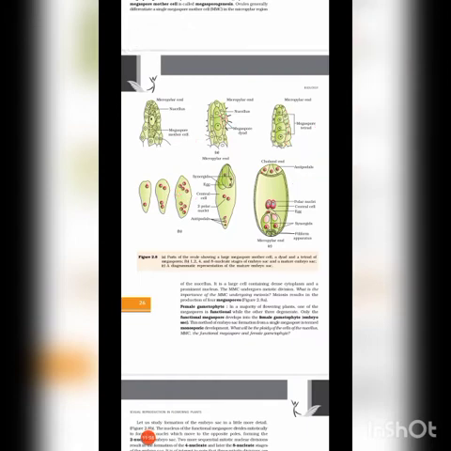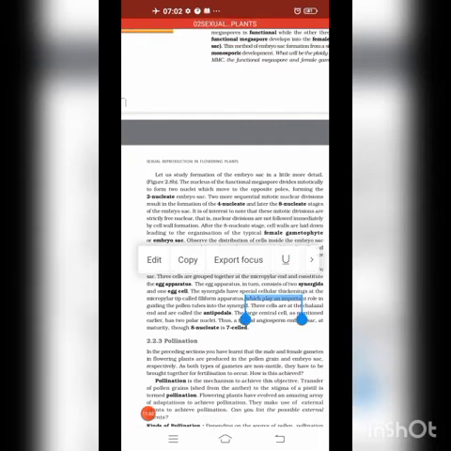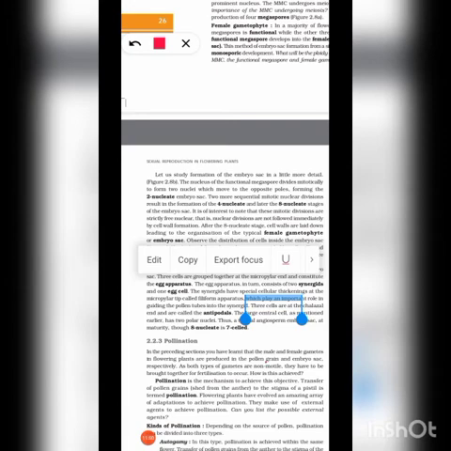Is it clear? Then, near the egg apparatus, that is in the synergids, you can see some special cellular thickening. Special cellular thickening we can see, that is known as the filiform apparatus. This filiform apparatus plays an important role in guiding the pollen tube towards the egg cell through the synergids.